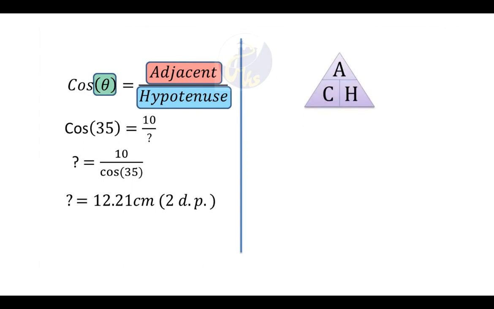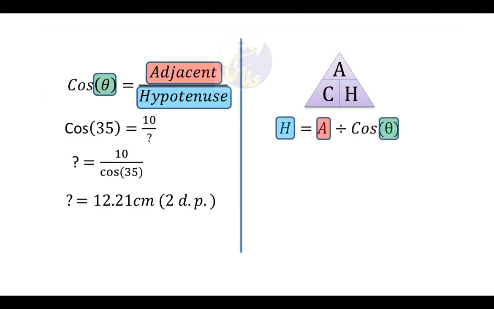On the right, the triangle, you've got C, A and H. We want to know what H is, for hypotenuse, so if you cover up the H, you'll realize that the A is above the C, and in these triangles that means divide, A divided by C, or cos, and so we'll end up with this already rearranged formula ready to go.